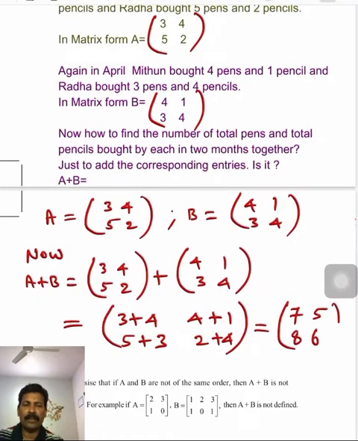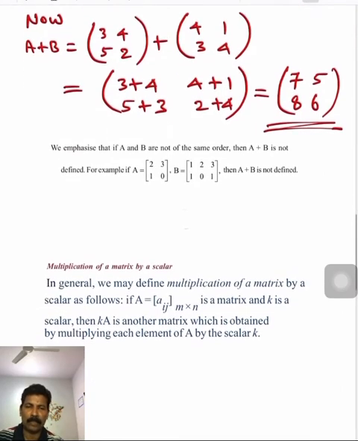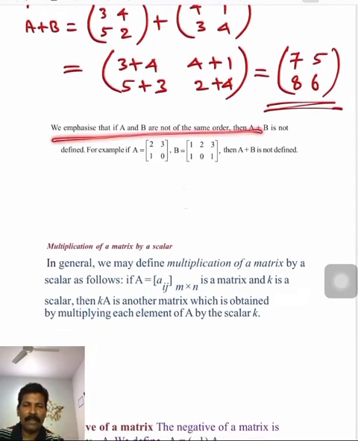This way we can do the addition of matrices. But remember, in order to add two matrices, is any condition to be met? Yes, of course, they should be of the same order. Then we can add them by adding corresponding entries. We emphasize that if A and B are not of the same order, then A plus B is not defined.